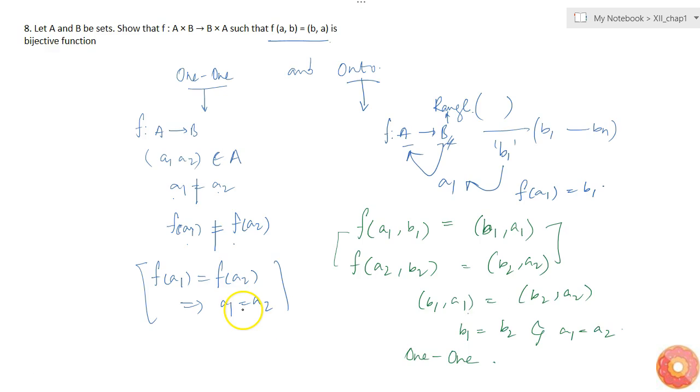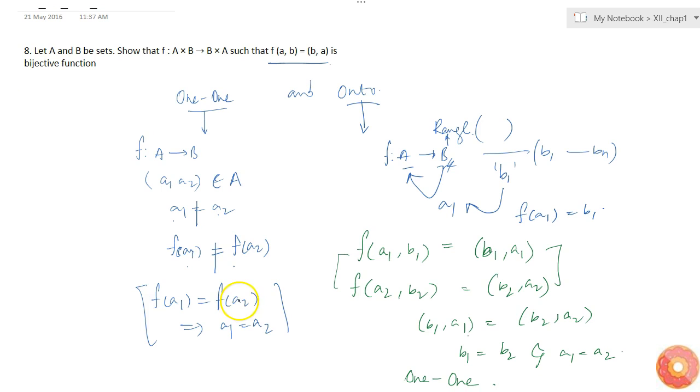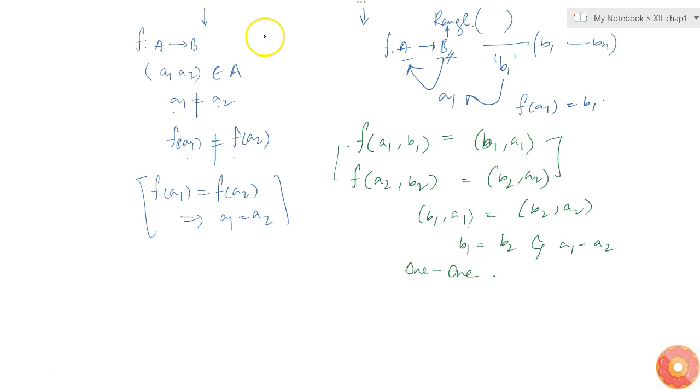And now we have to show that it's onto. For the input we will take all the values which are spanned by A cross B. If we take some (a, b), it can be any random element, so it spans the whole of A cross B, and we get f of (a, b) as (b, a).